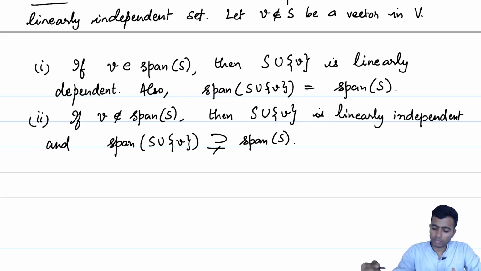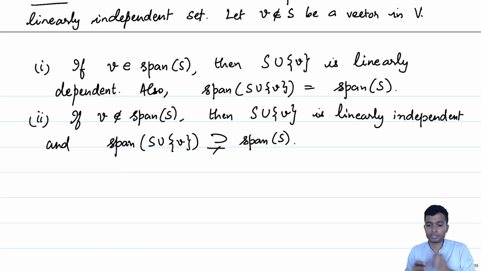Look at what is being said by 1. If you start with a basis, that is already a spanning set. So, if you take any vector V which is not in our basis, then it is obviously in the span of the basis, because the given basis is a spanning set. Now, if you append this vector to our given basis, then 1 tells us that linear independence is lost. So, appending a vector destroys the property of B being a basis.